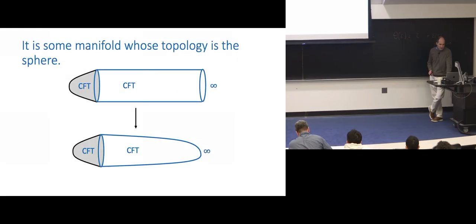Now, what we know is that this space has the topology of the sphere. So we can take this infinite cylinder and compactify it, and think of it as a sphere with a point at infinity. So it really has the topology of the sphere.